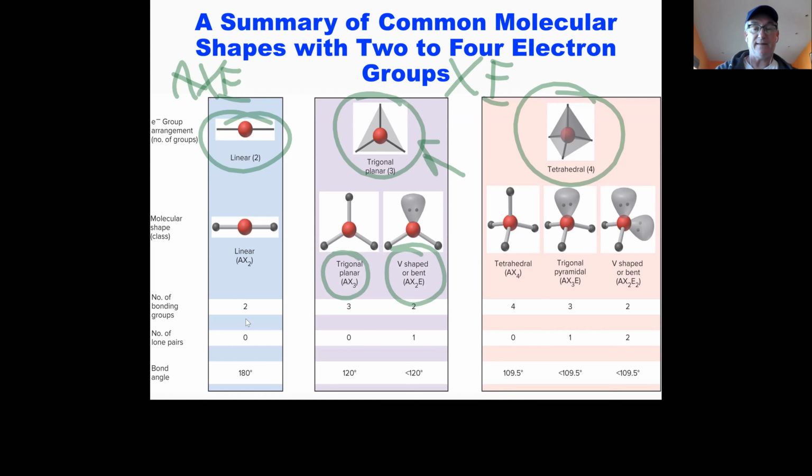And then finally, you won't have to memorize these bond angles either, but remember when they're going to be less than 109, when they're going to be less than ideal, and when they're going to be more than ideal, depending on which atoms I'm asking you about. If the bond angle is being pushed, if the atoms are being pushed together by a lone pair, that angle is going to be less.